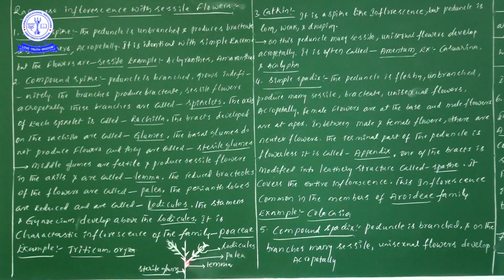On this stalk, again a small leaf-like structure we observe, and that small leaf-like structure we call palea.